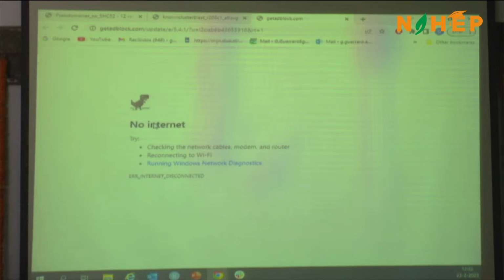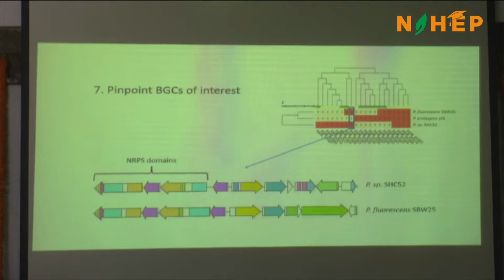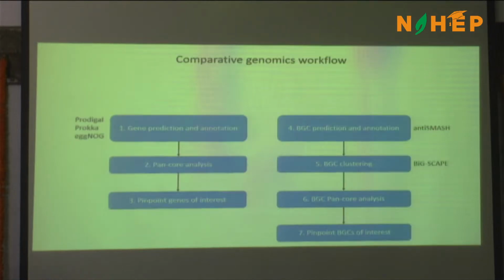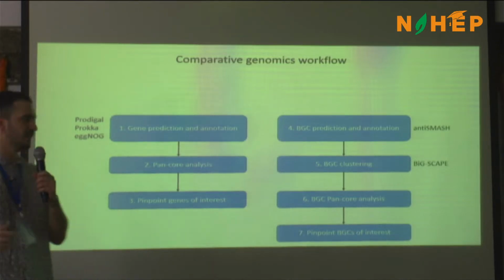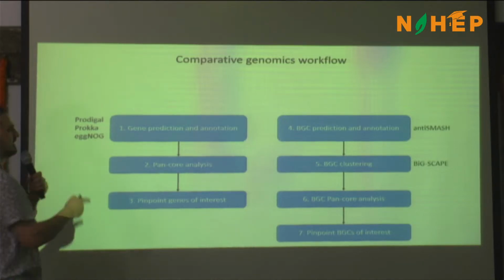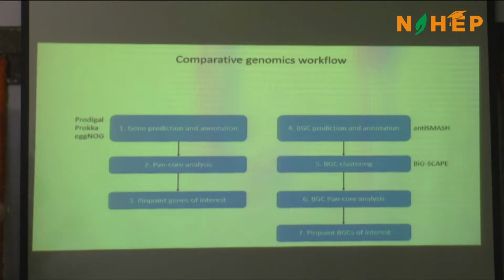Let's summarize a bit what we have seen. We did the comparative genomics workflow. Let's wrap everything up. We did it first at the gene level, that is the most common, and we got our Venn diagram. We pinpointed these 144 genes. We saw that there is this secondary metabolite category popping up.